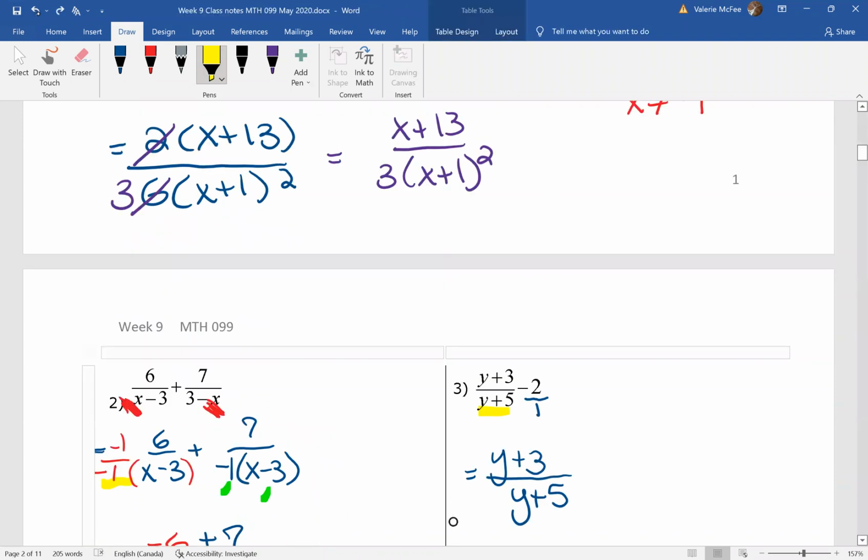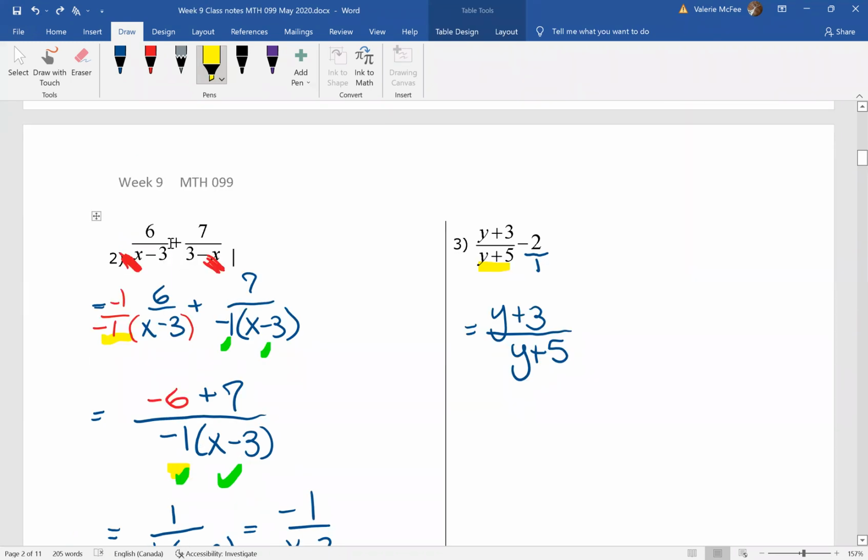I see that the 2 is missing a factor. I'm missing my factor of y plus 5, which means you need to multiply your numerator and your denominator by y plus 5. Be careful because there's a negative sign here.